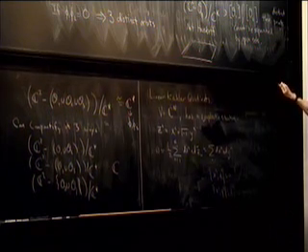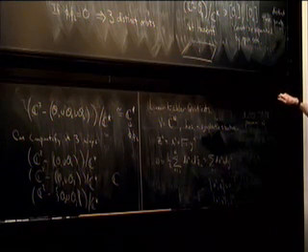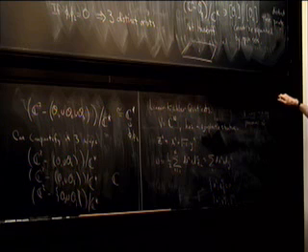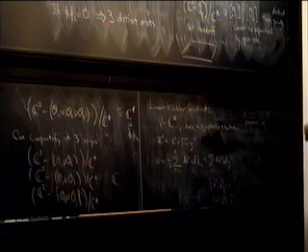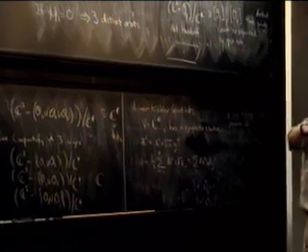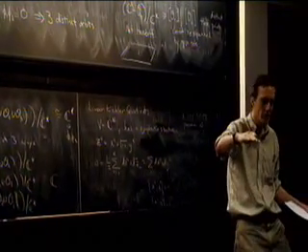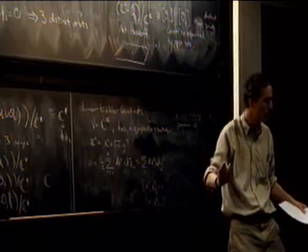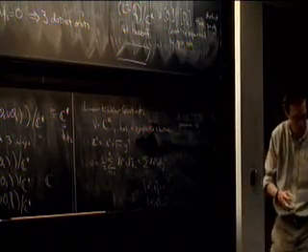Now, when you have a group on a phase space that preserves the Poisson brackets, or preserves the symplectic structure, then the motions of that group are always generated by a Hamiltonian or a conserved charge. Okay? That's the general principle of Hamiltonian dynamics.